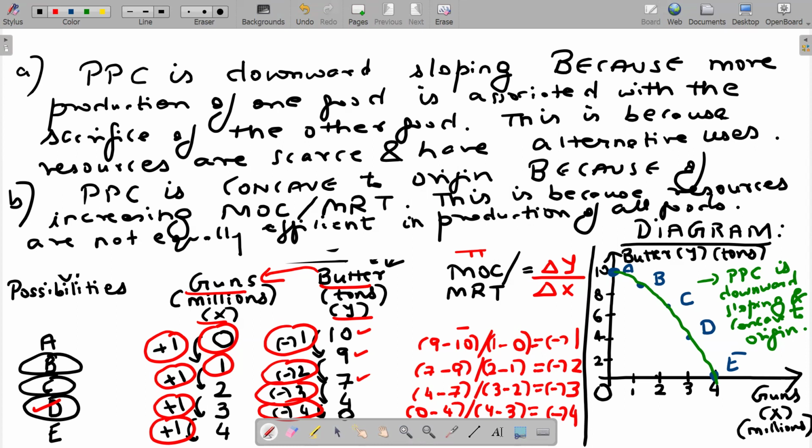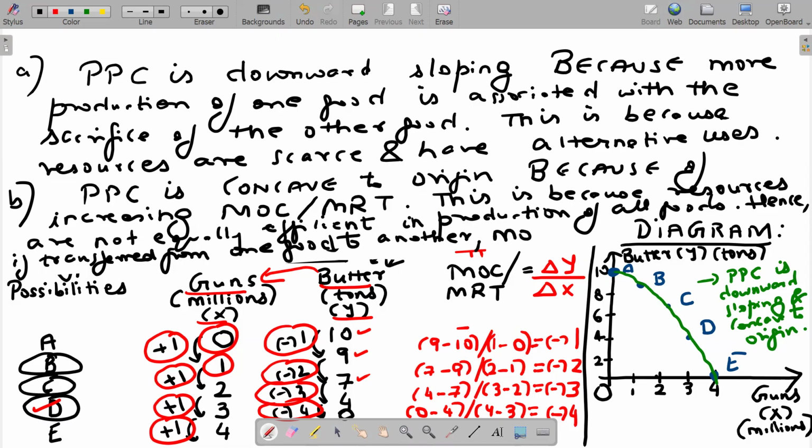Hence, if they are transferred from one good to another, the marginal opportunity cost, or the marginal rate of transformation, increases. So both these points clearly indicate why it's downward sloping and why it's concave to the origin.